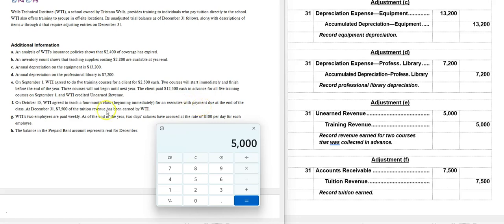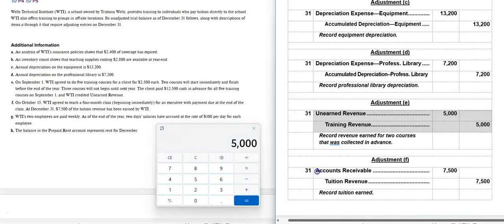The customer hasn't paid us. We have earned $7,500 of tuition. We haven't been paid. Record a revenue earned for which we have not received payment. We are going to debit the accounts receivable because the customer owes us, and we are going to credit the revenue because we have earned the revenue.